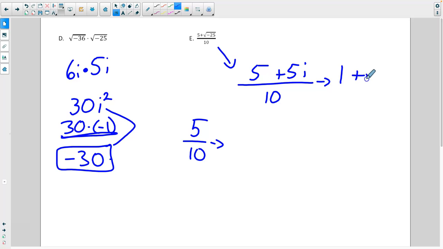You could write it as 1 plus i divided by 2, so that means I've divided this by 10 and I've divided that by 10. Or, if it makes more sense to you, you can write it as 1/2, because I divided those two. And then when I divide these two, I get plus, you put 1i if you want, divided by 2. Or you can just write it as that double fraction. That is up to you.